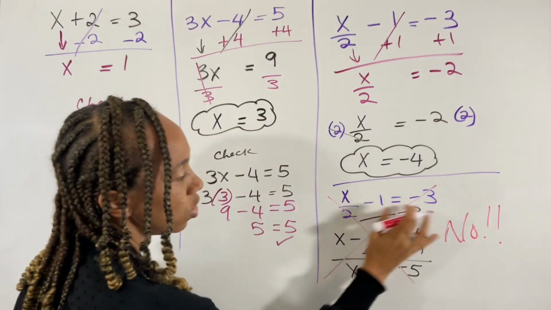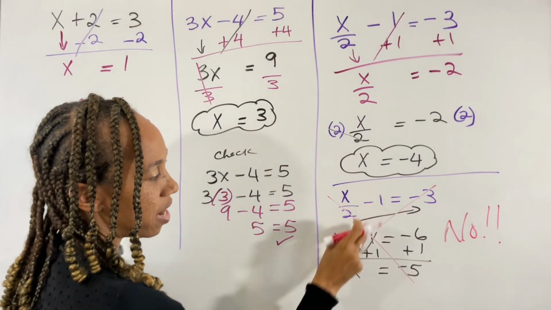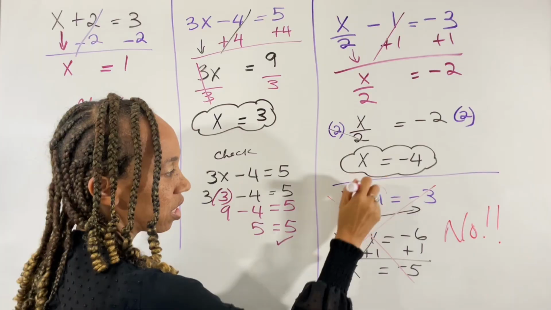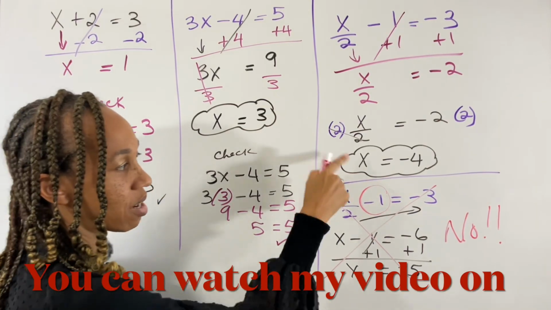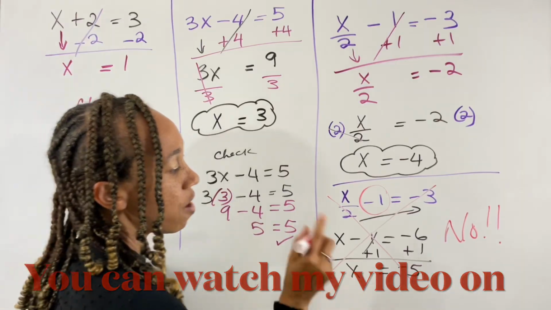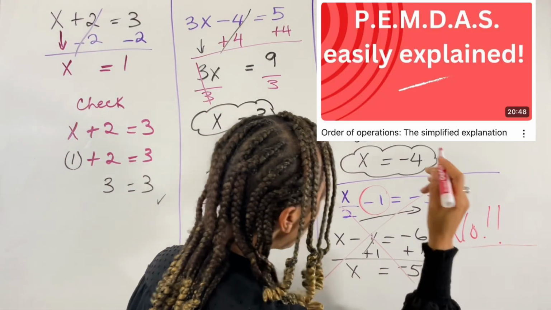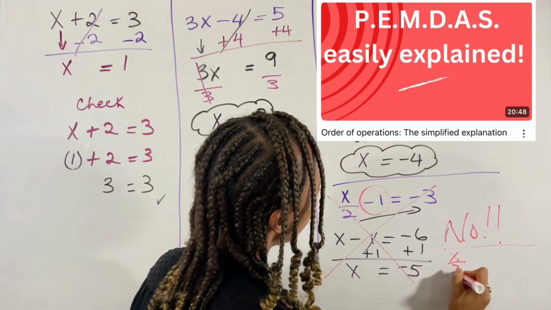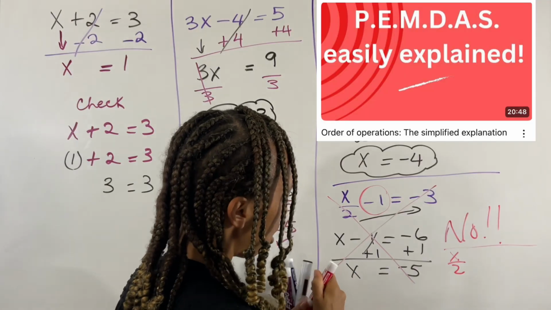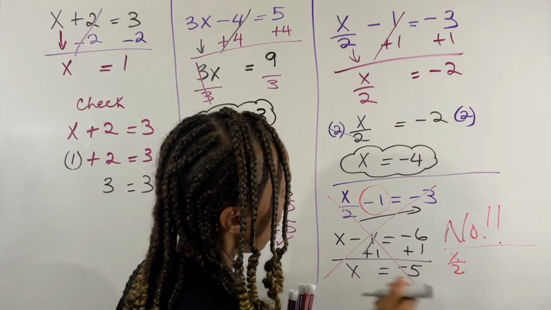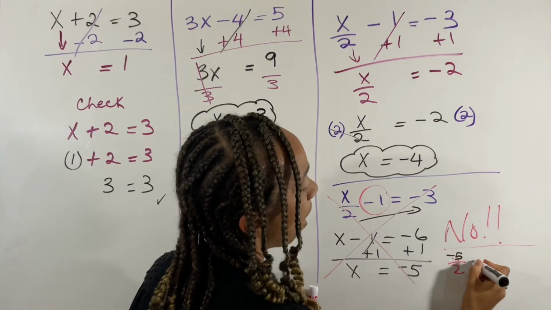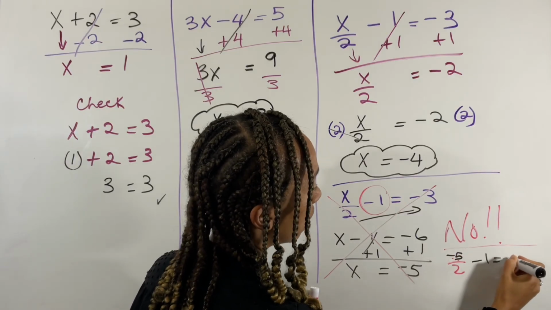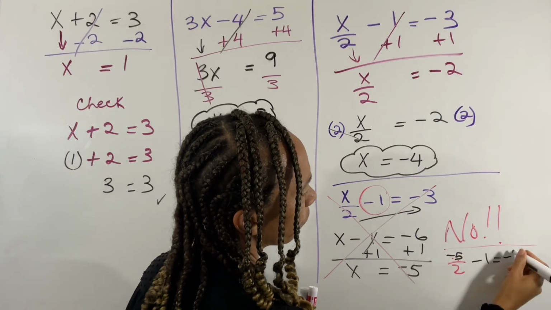All right? Do not cross multiply and then deal with this number right here. That will lead you to an incorrect answer. Okay? And if you check your work, say for instance you have x over 2, and as a matter of fact, you can just replace the x right now. x is going to be negative 5. If you tell me it's negative 5, negative 5 over 2 minus 1 equal negative 3.